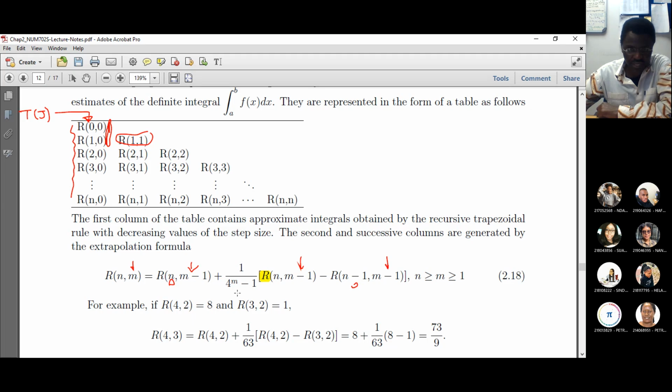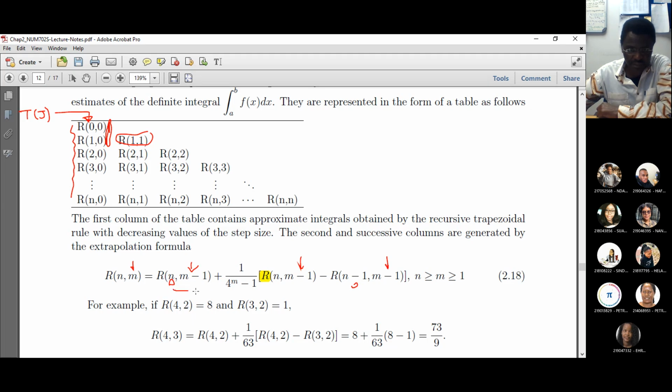So we have n and n minus 1. Okay, so this is for your understanding.